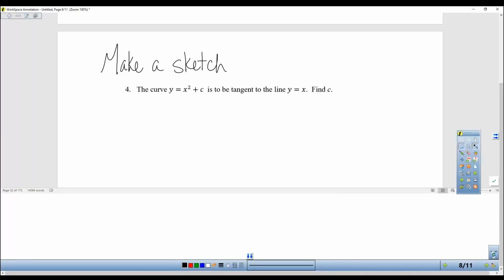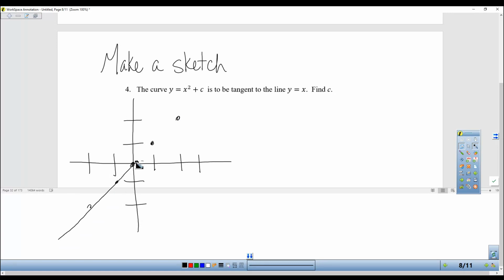You might be thinking, well, I know that's a parabola facing up, but I don't know what c is. So let's start by sketching what we do know. We do know what the line y is equal to x looks like. So I'm going to plot the point 0, 0, 1, 1, 2, 2. And now I have the line y is equal to x.